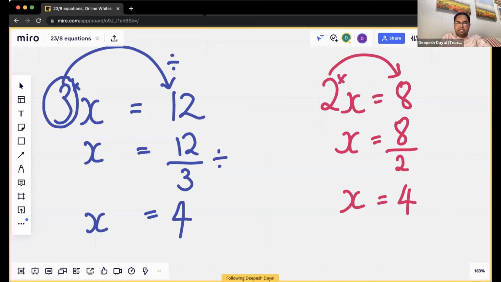Anybody that's experiencing difficulty with this, please do let me know. Who's finding this challenging? Can you please re-explain the whole thing? Okay. So let's look at the 2x equals 8, right? I can hear you.